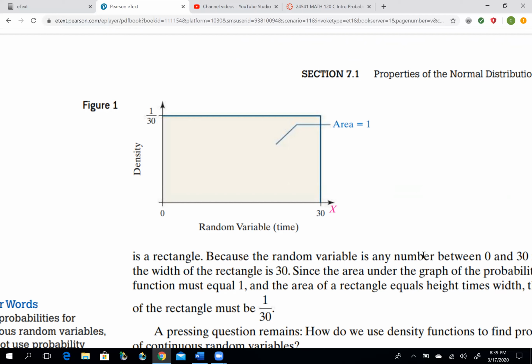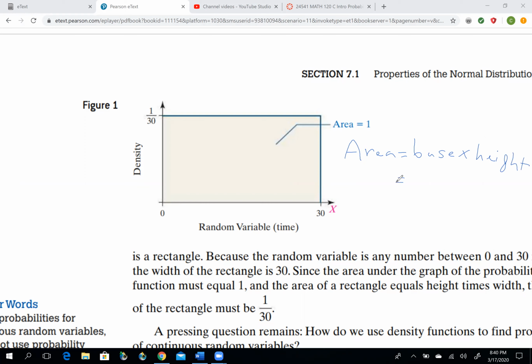Again, guys, this is a rectangle. The area of a rectangle is equal to base times height.